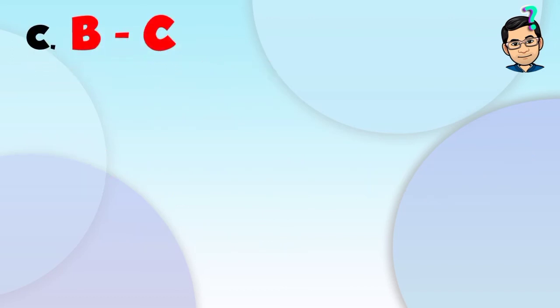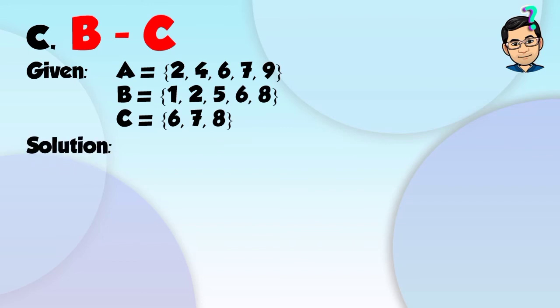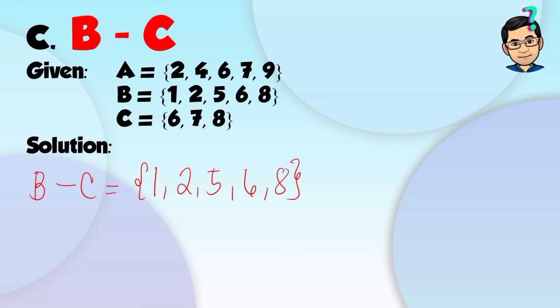Next, we have B minus C. So, B minus C, the elements of B, 1, 2, 5, 6, 8. While the elements of C, 6, 7, and 8. Now, what are the common elements? Meron bang 1 dun sa kabilang set?